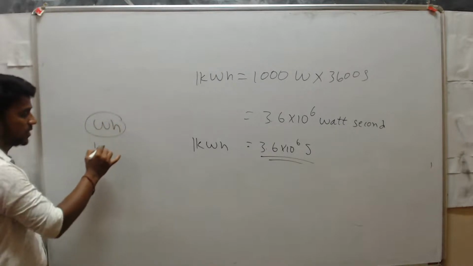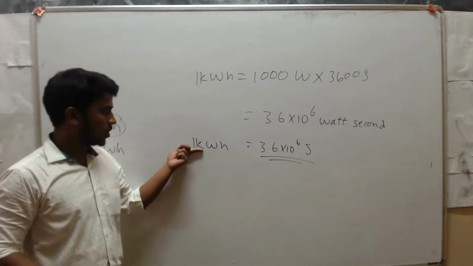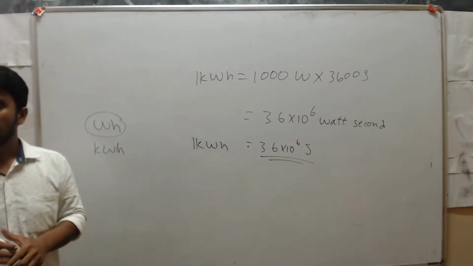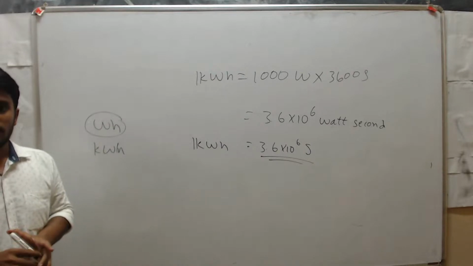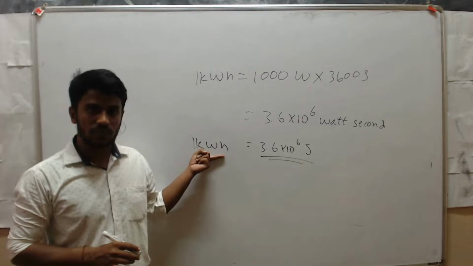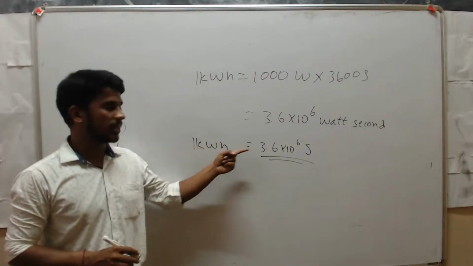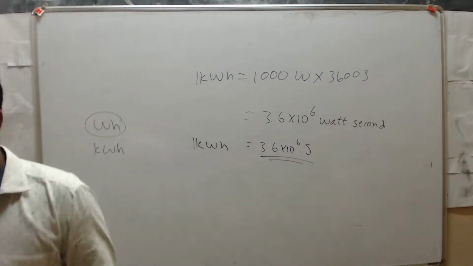So that's why we are using kilowatt hour. What is the SI unit of energy? Joules, right? So instead of writing 1 kilowatt hour, we can write 3.6 into 10 raised to the power 6 joules.